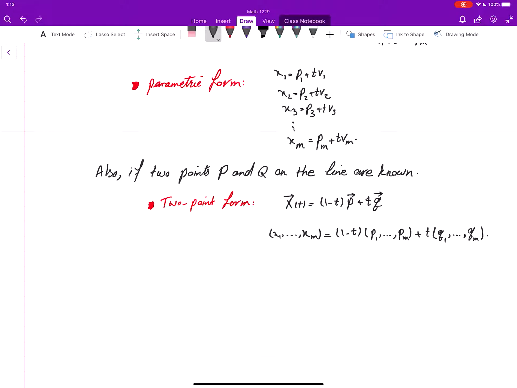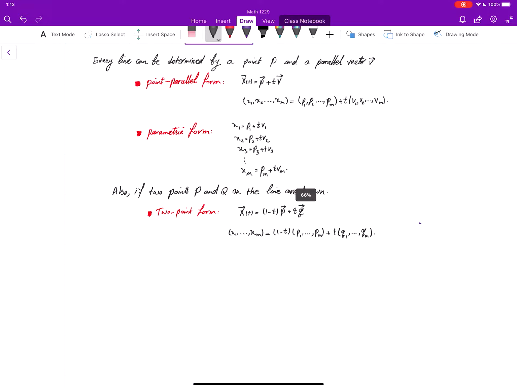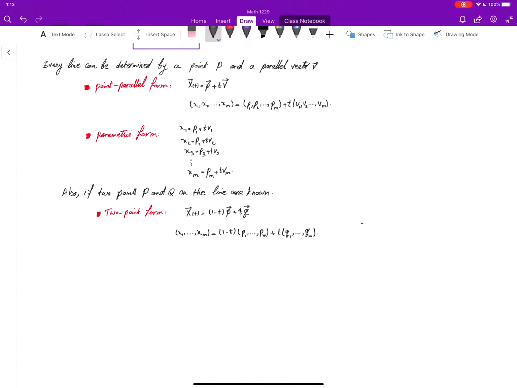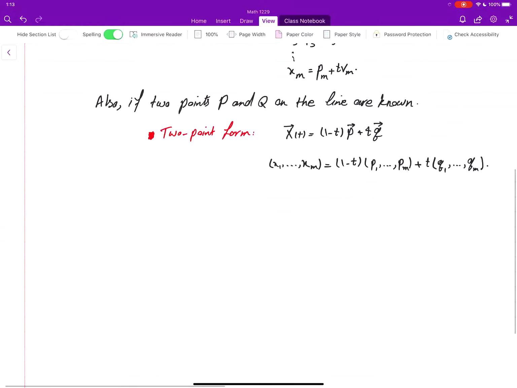So again, in general, for R^m, for every line, we have these 3 forms. Actually, we can do one example before we move to the next topic.